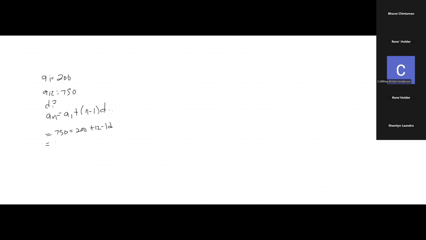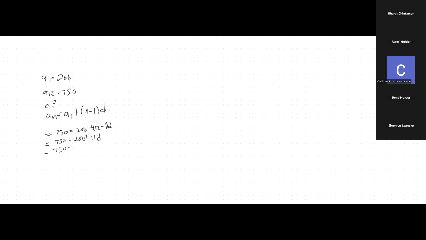Now we can work the bracket first. And we group like terms.